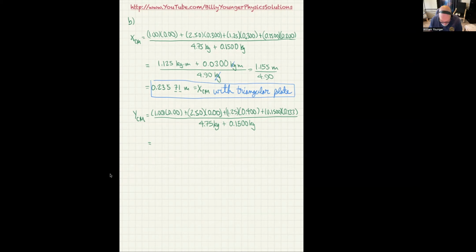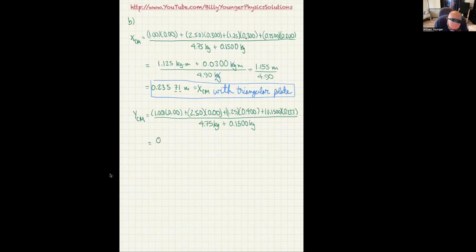It's 1.25 times 0.4. Now that's 3 sig figs times 3 sig figs, and that gives me 0.500, so that's good to the thousandths place. And now I'm going to take 0.1500 times 0.133. That's 4 sig figs times 3 sig figs. When I multiply those, I get 3 sig figs, and that means it should be down to the 10,000ths place.